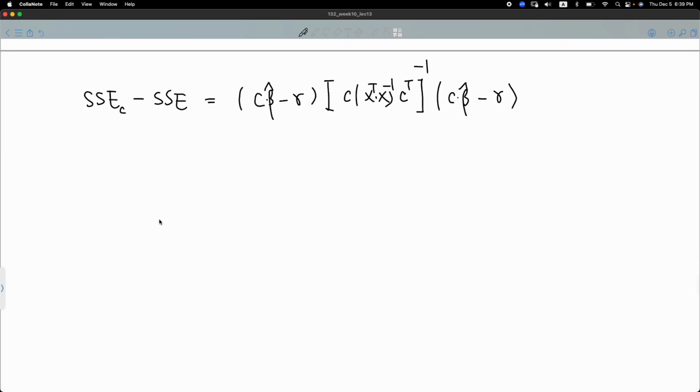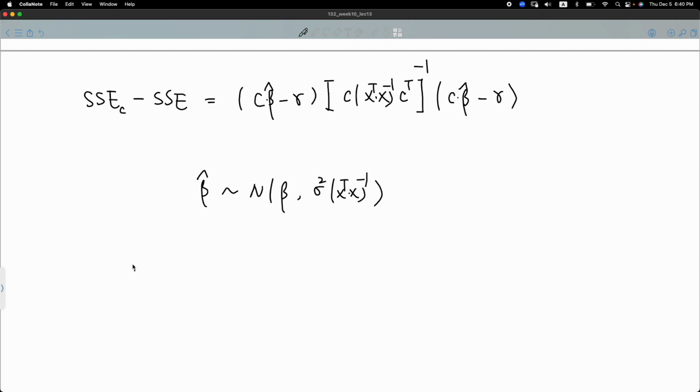And let's see how this is going to provide some knowledge about the distribution for our constraint, C beta hat minus gamma. Again, we know that beta hat follows a normal distribution with the true mean and this covariance.